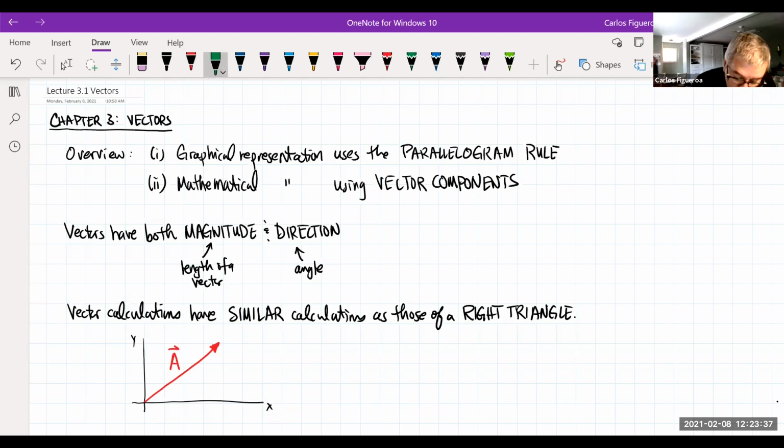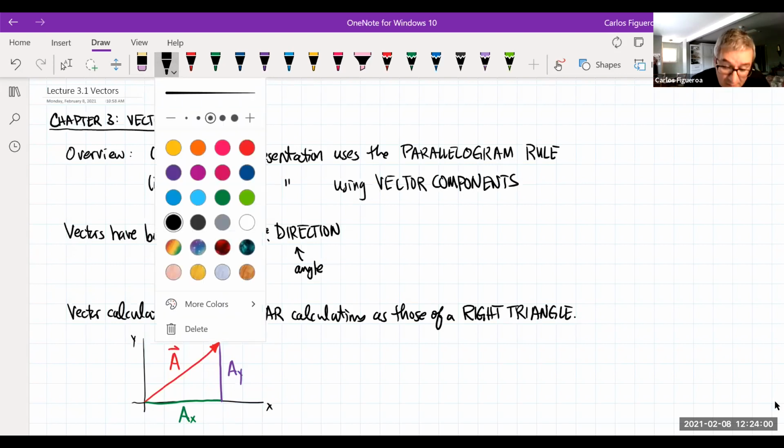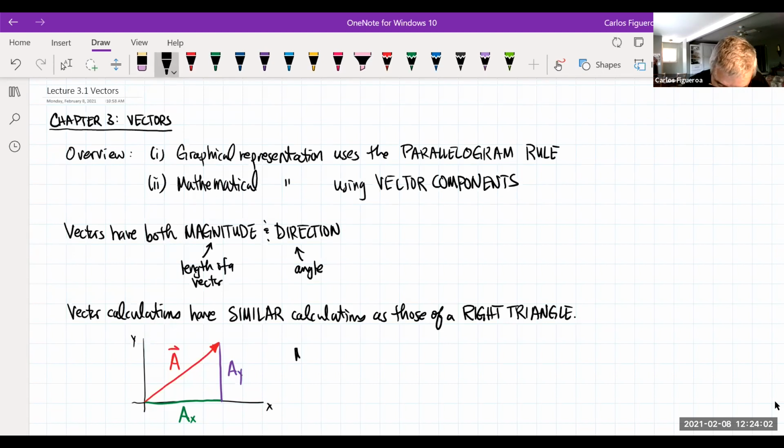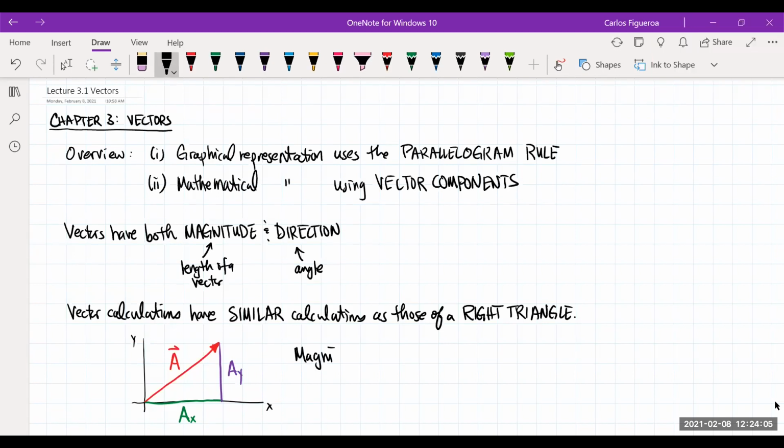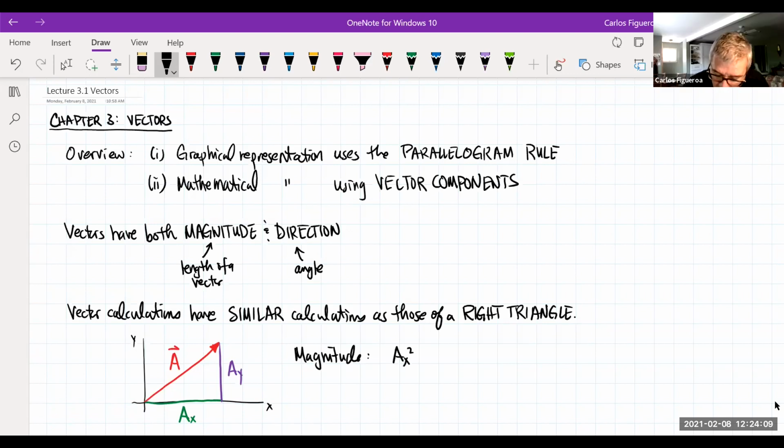That means there's a horizontal piece and a vertical piece. The vertical piece we call AY. The horizontal piece we call AX. So this allows us to calculate a magnitude. AX squared plus AY squared equals A squared, and the square root of that is A, isn't it?